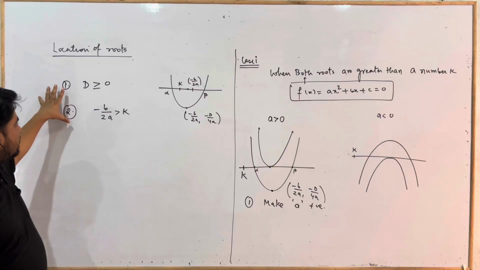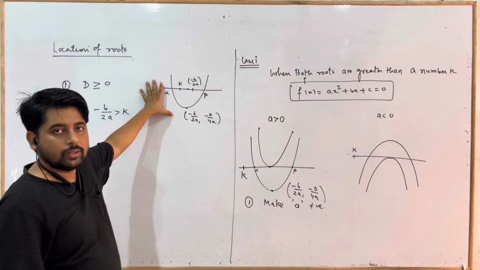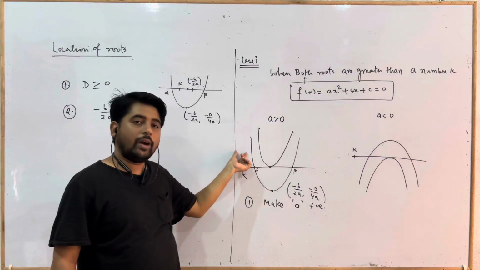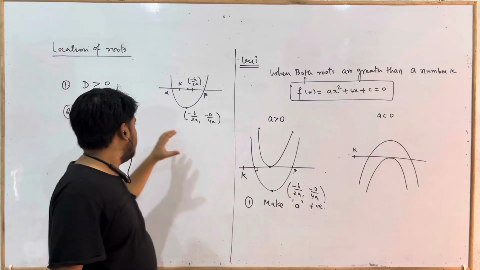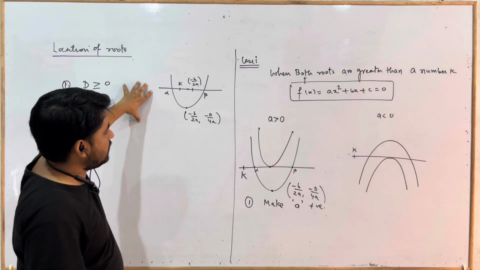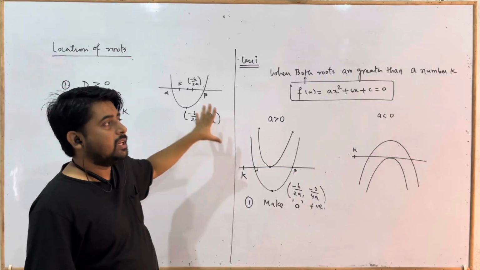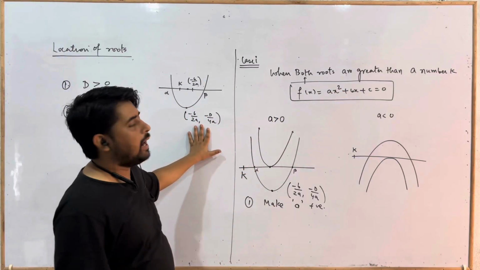So if I write these two conditions, this is already included. These two conditions will not specify this graph uniquely. That means if I say these two conditions are there, they follow here, but at the same time they follow other cases also.